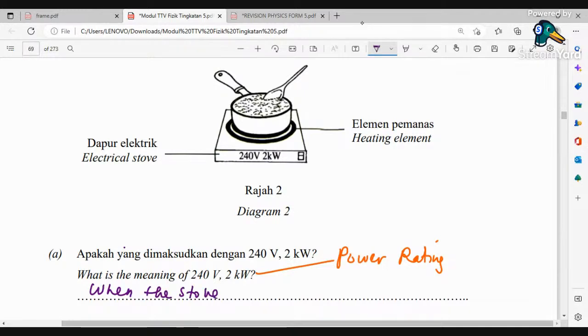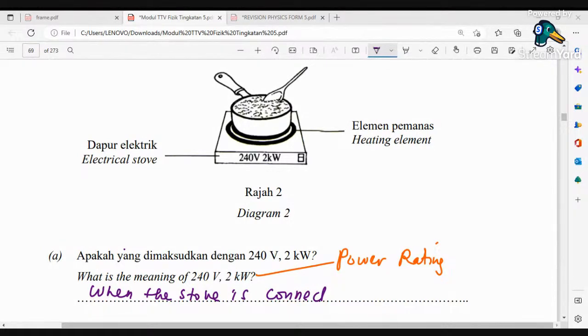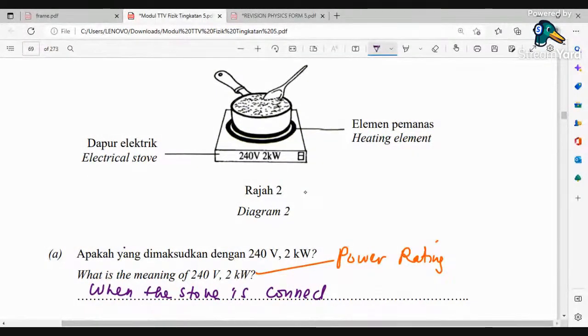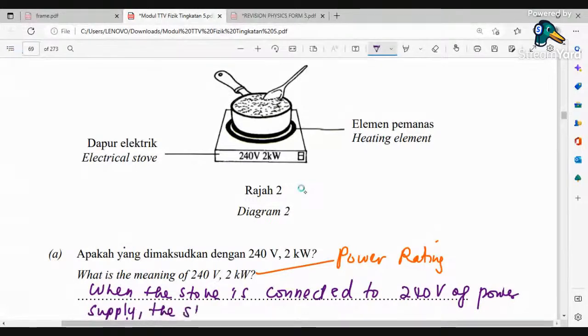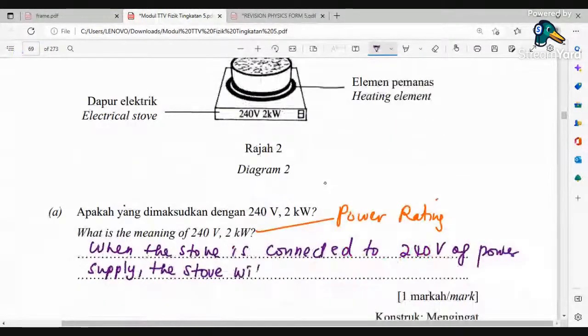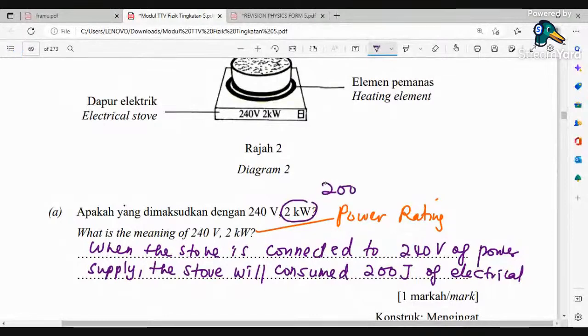When the stove is connected to 240 volt of power supply, or voltage also can, the stove will consume 2000 joule of electrical energy. 2 kilowatt means 2000 joule per second.